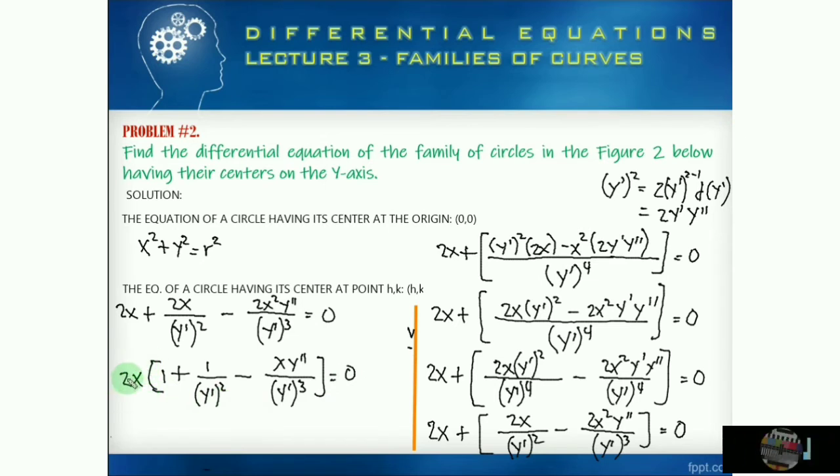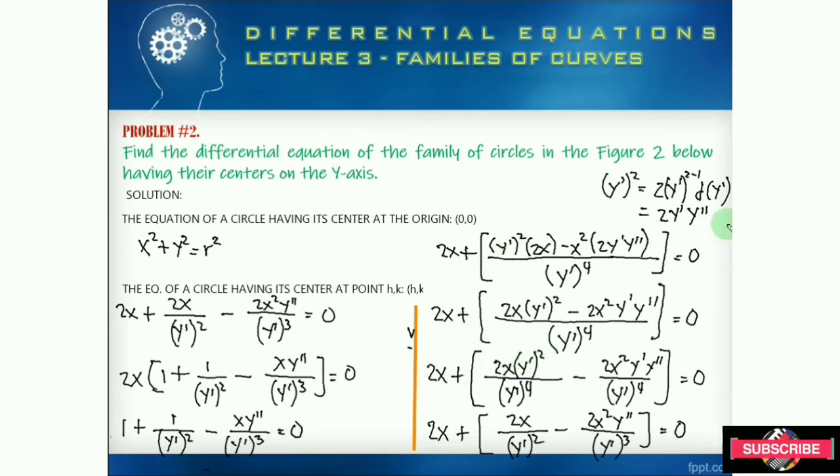So again, this would be eliminated, and we have here this 1 plus this 1 over y prime squared, no? So plus minus this x y double prime over this y prime raised to the cube is equal now to 0.